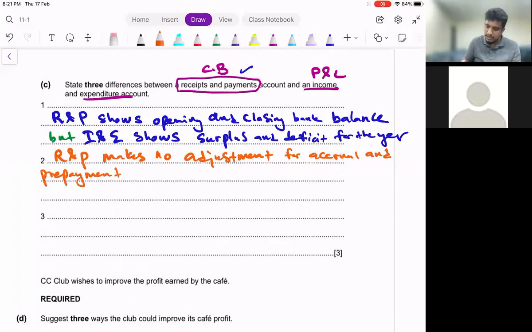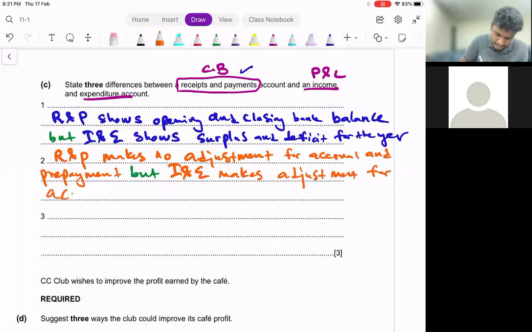But income and expenditure makes adjustments for accrual and prepayments. Understand or not?